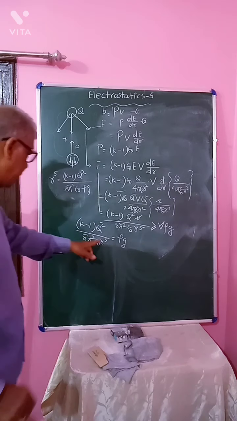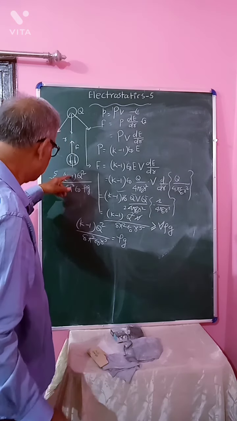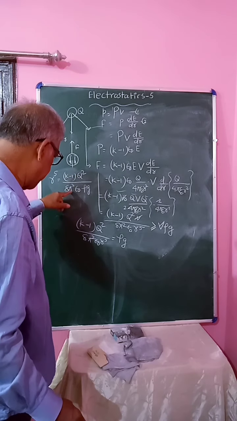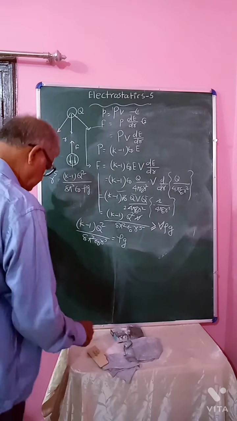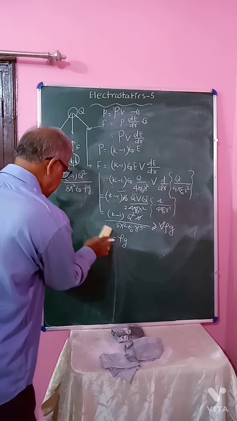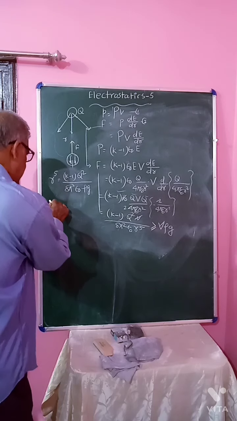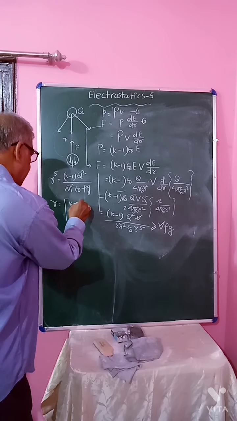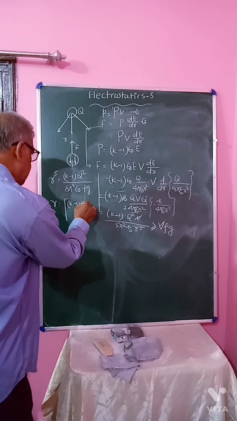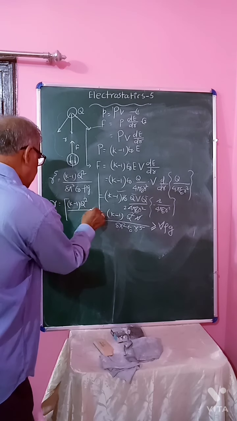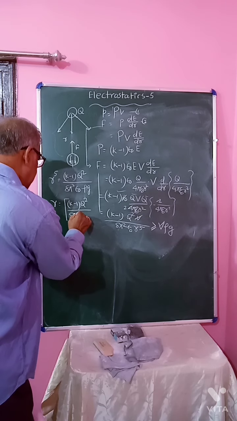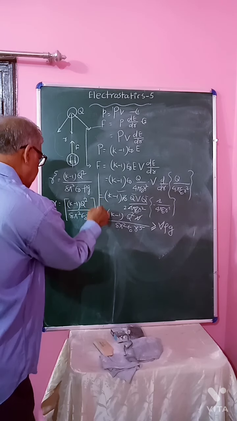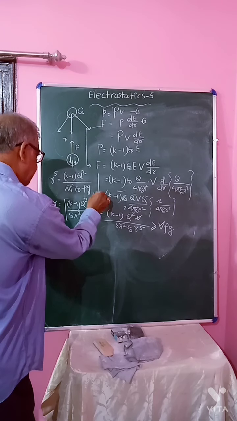Again, r to the power 5 equals (K minus 1) Q square by 8 pi square epsilon 0 rho g, or the separation should be r equals [(K minus 1) Q square over 8 pi square epsilon 0 rho g] to the power 1 by 5.